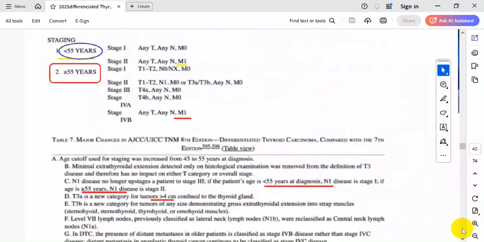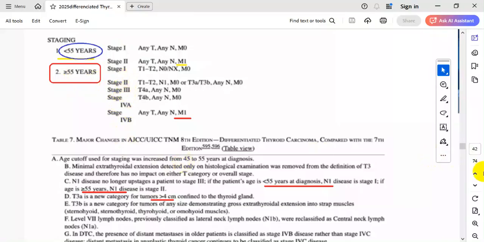Here the staging: if the patient is less than 55 years, stage 1 and stage 2, and if the patient is more than 55 years, stage 1, 2, 3, 4.